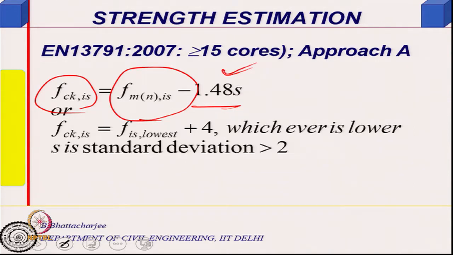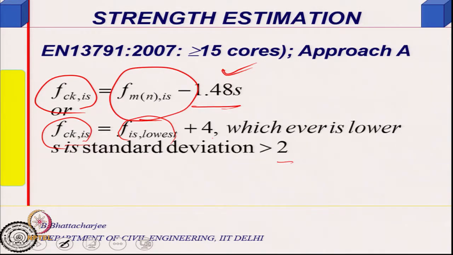And FCK in situ will be taken as FCK lowest plus 4, whichever is lower. S should always be more than 2, it cannot be less than 2, it is not feasible. If it is less than 2, then also you have to take it as 2. So, you find out FCK IS. Now, this FCK IS should be greater than 0.85 FCK.